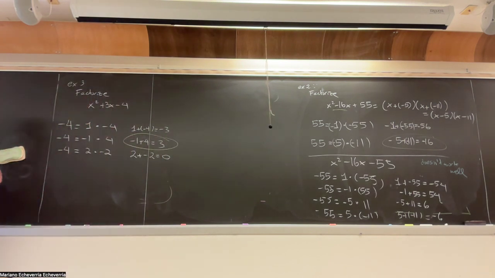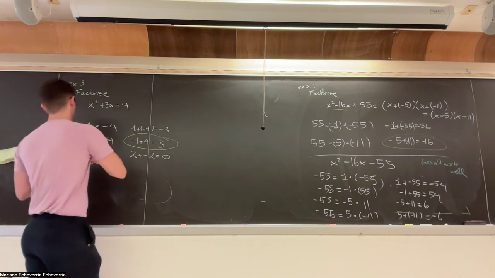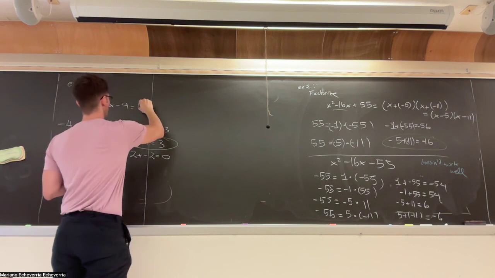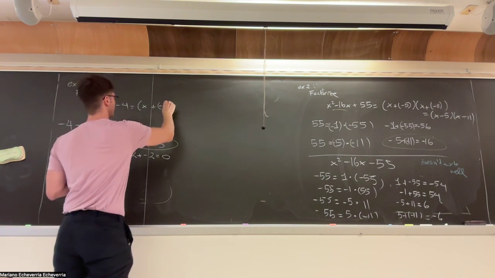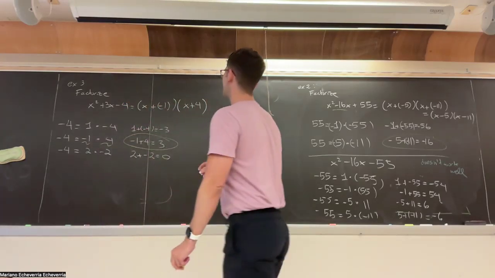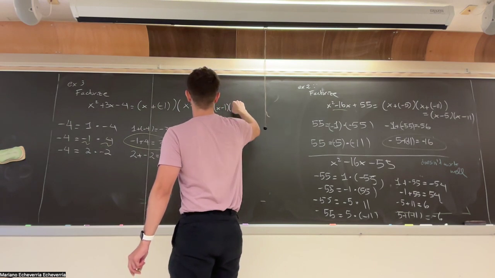So that's the one. The numbers that I have to use are -1 and 4. These are the important numbers. So this is the same as x plus -1 times x plus 4. Again, this is kind of ugly, so you just write it as x minus 1 times x plus 4.